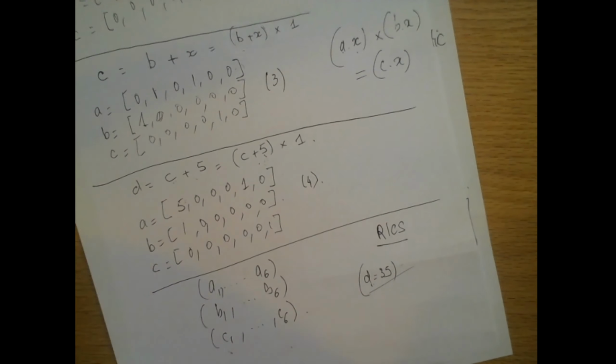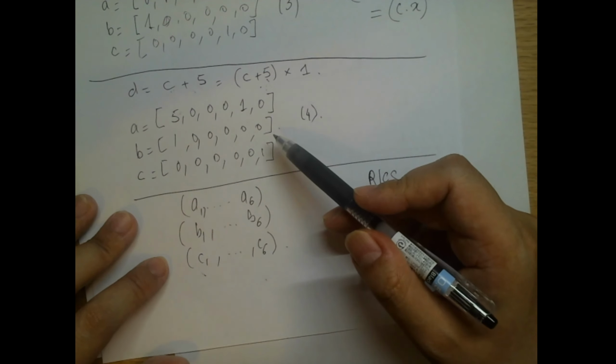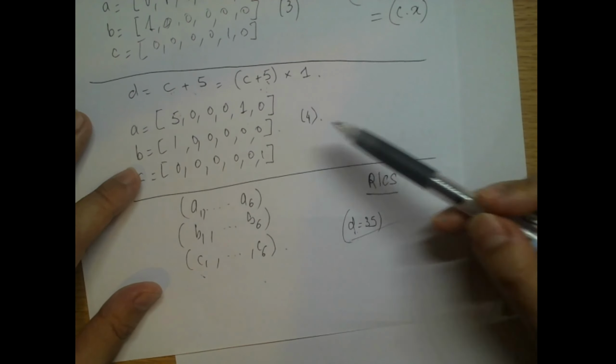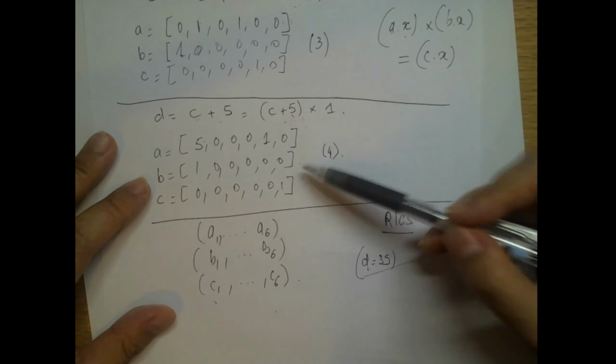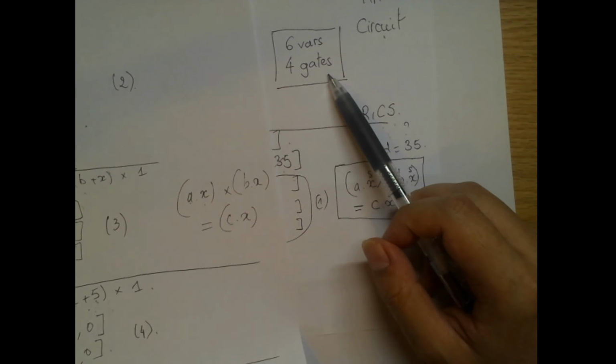But this is not the end, right? So the next step really is turning this set of constraints, which we have like four sets of constraints, right? Because we have 4 gates.